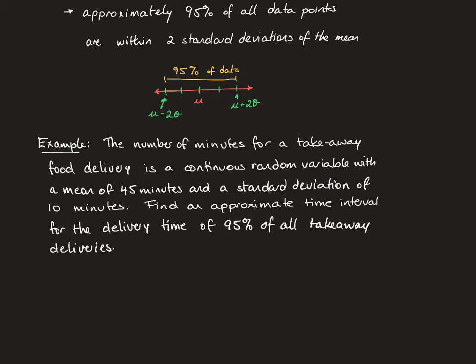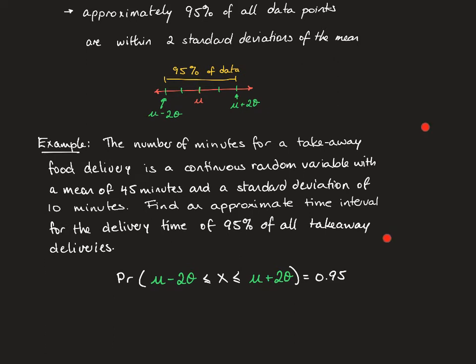So between how many minutes on average do the 95% of the takeaway deliveries occur? So what we do is we use this probability definition here, that the probability that something lies within 2 standard deviations of the mean is 0.95.